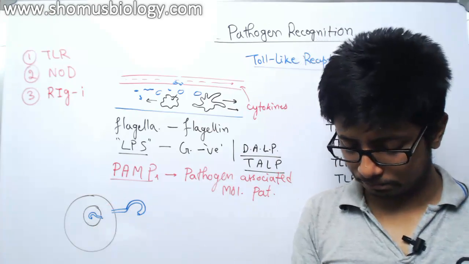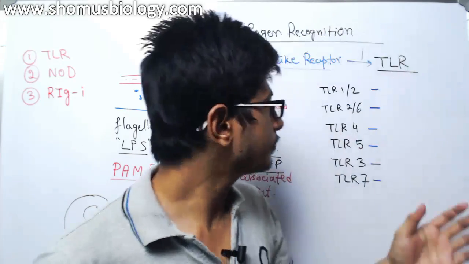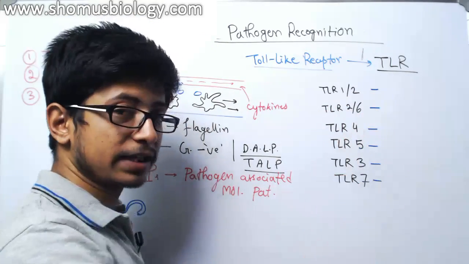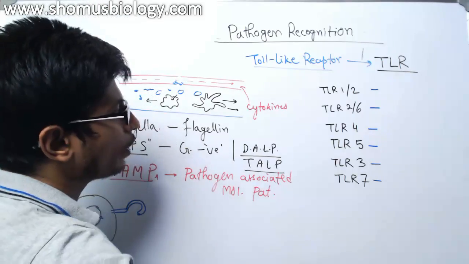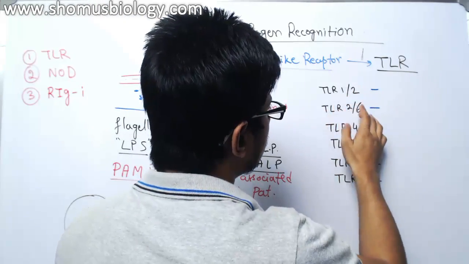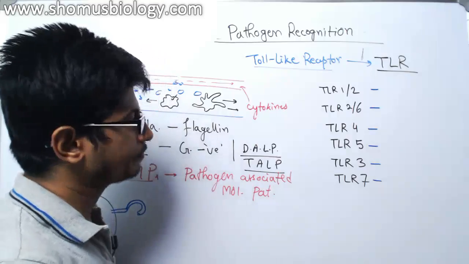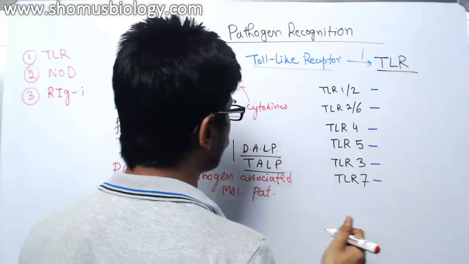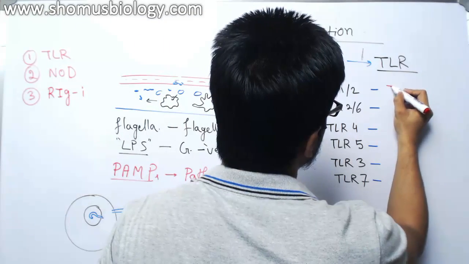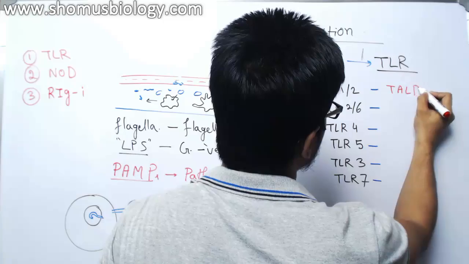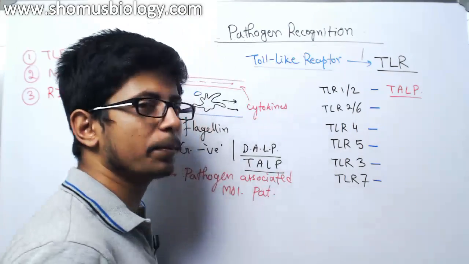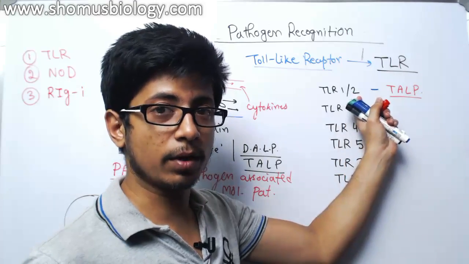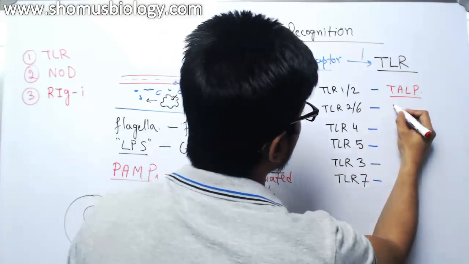That is the idea. Now you see some of this TLR that we listed, TLR 1, 2, 4, 3, 5, 6, 7, the different types. TLR 1 and 2 act as a dimer, and they help in the identification of triacyl lipoprotein or lipopeptide. TLR 2 and 6 go for diacyl.